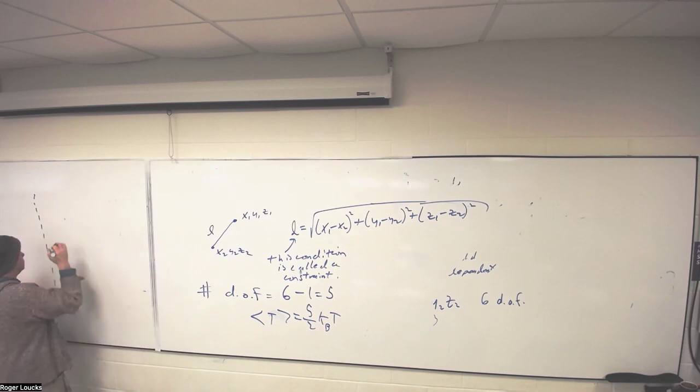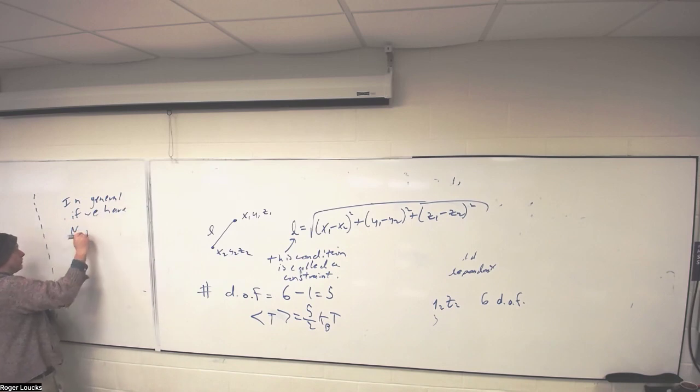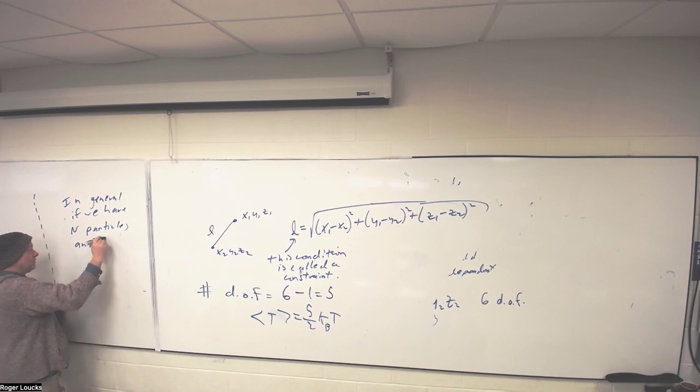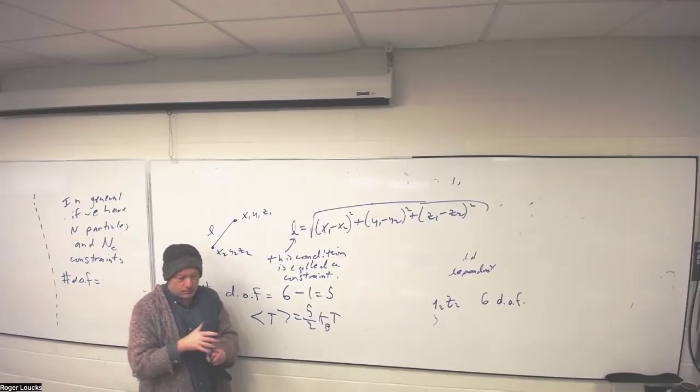So in general, if we have n particles and NC constraints, the number of degrees of freedom is going to be what?